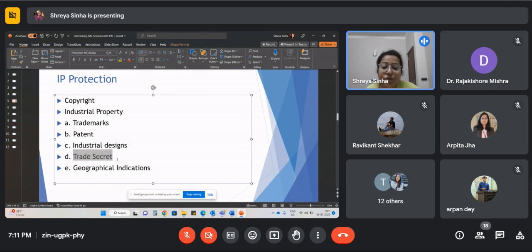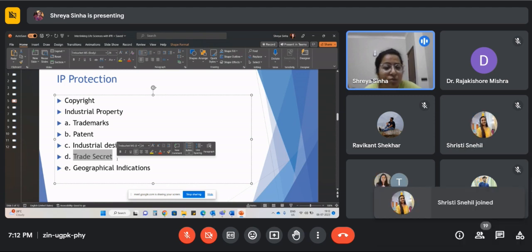Next is the trade secret. Again, the Coke example. The taste of Coca-Cola and the taste of Pepsi are not the same, but somewhat the color and everything is the same. You know why? Because there's a theory that when the Coca-Cola recipe was created, many years ago, it was passed down to only 3 to 4 people, not the whole company. No one knows the recipe of how Coca-Cola is made.